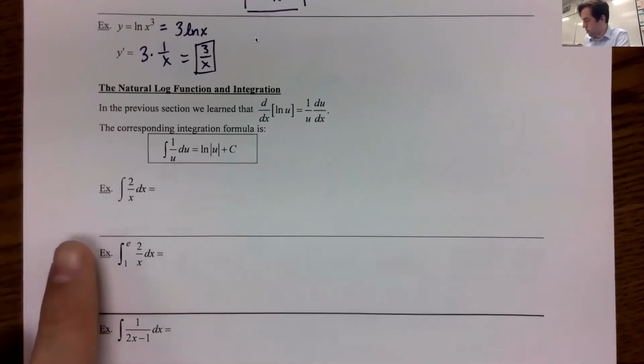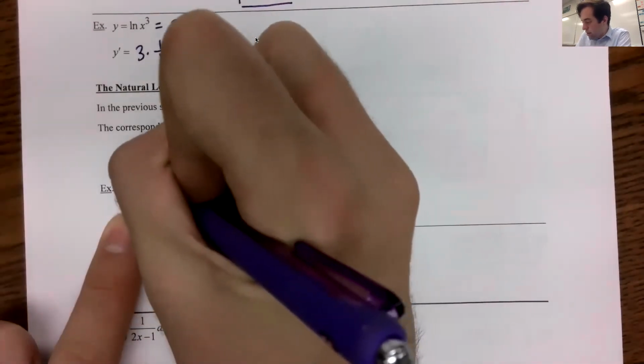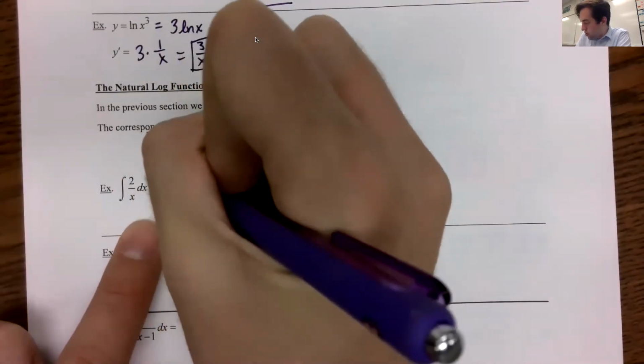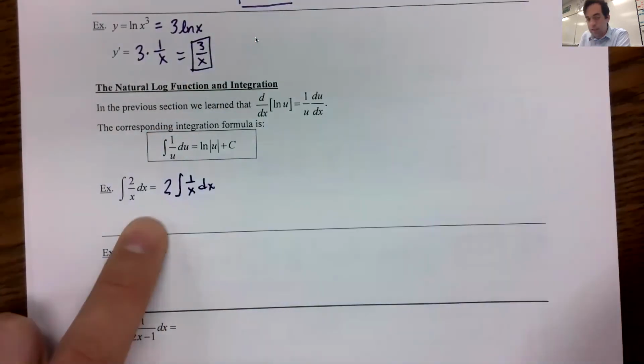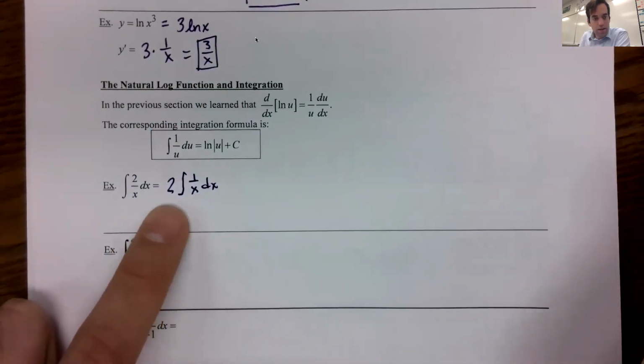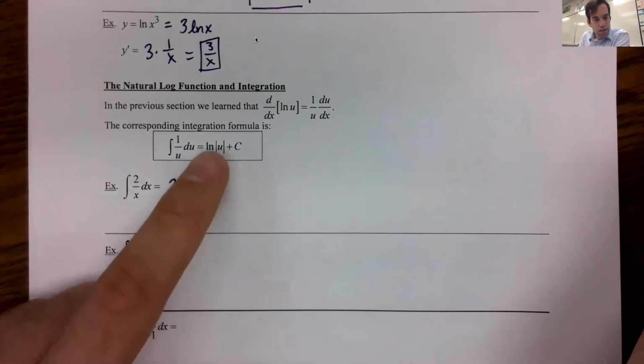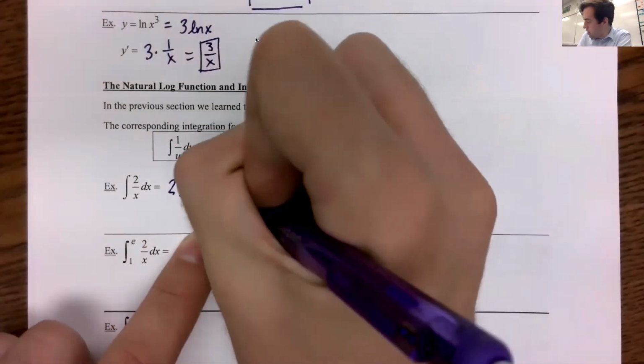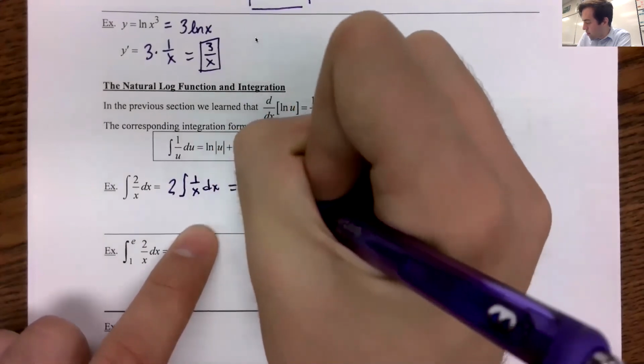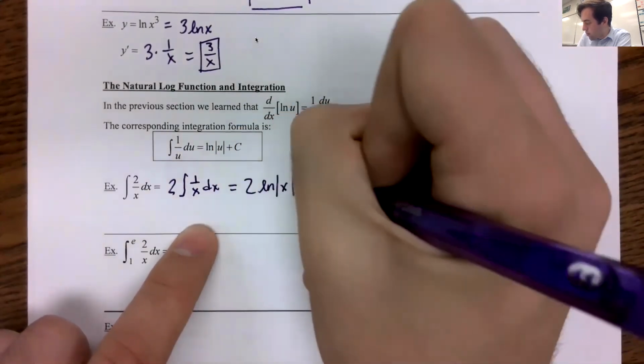So let's take a look at this first one. I would rewrite this as 2 integral of 1 over x dx. So you can see clearly that this expression with the integral here is exactly coming from here. So we can write this as 2 ln of the absolute value of x plus c.